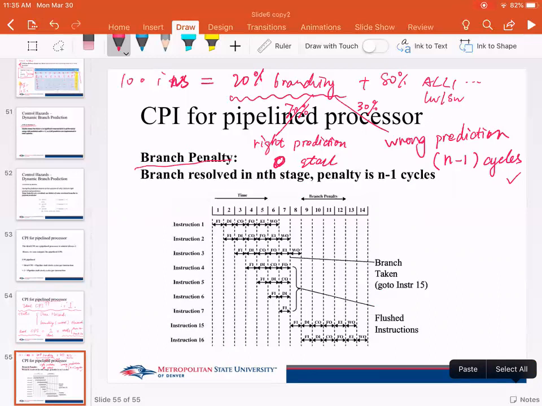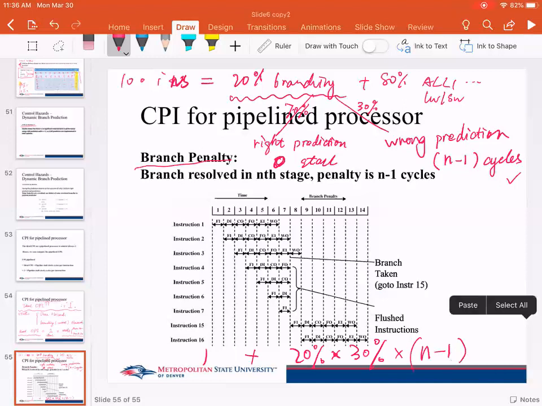Suppose this is the real example, then how can I calculate this pipeline processor's CPI? The pipeline processor needs to execute many instructions, and 20% of the instructions are branching instructions. Within the 20% branching instructions, I may have a wrong prediction 30% of the time. And each time I have a wrong prediction, I need to pay n minus 1 extra clock cycles.